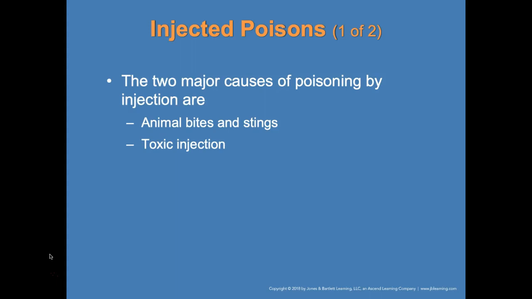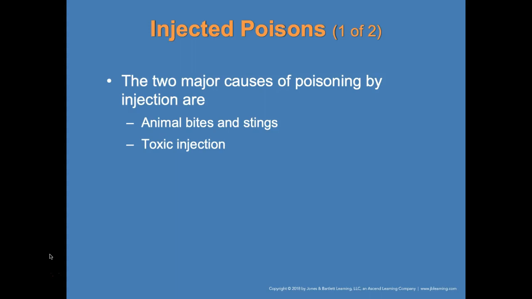All right, so injected poisons. Remember, injected poisons are ones that enter the body through a puncture in the skin. Major causes of these are animal bites and stings, so snakes, scorpions, spiders, bees, wasps.